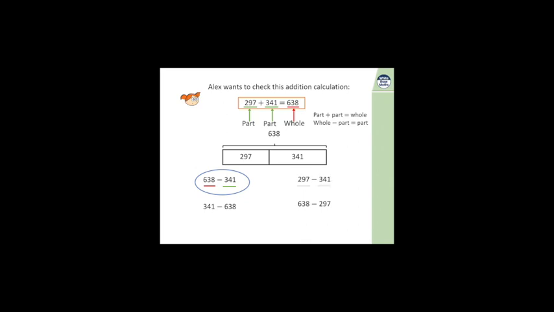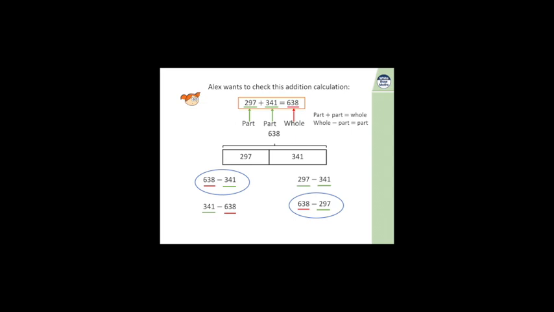Now 297 minus 341. Well, if she subtracted a part from a part, she's not going to end up with the whole, is she? What about 341 minus 638? Well, if she subtracted the part and took away the whole from that, she's going to end up with a negative number as well. And finally, 638, which is our whole, if she subtracted the part from it, then she would end up with another part.